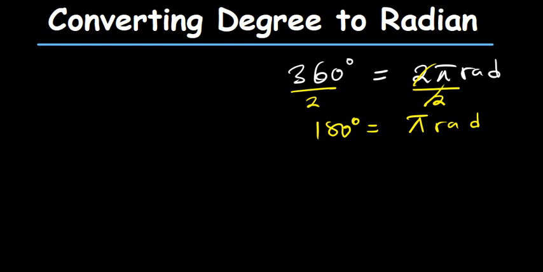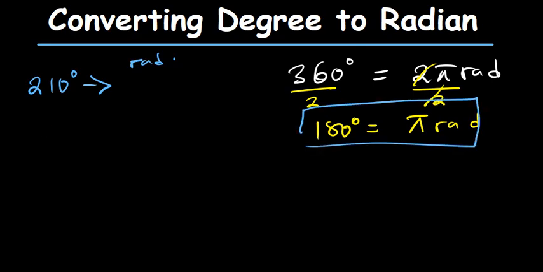So what we're going to do now is this. If I have been given, let's say, 210 degrees and I want to convert it into rad, you can use either 180 or 360, but in most cases we use the smaller one, which is 180.